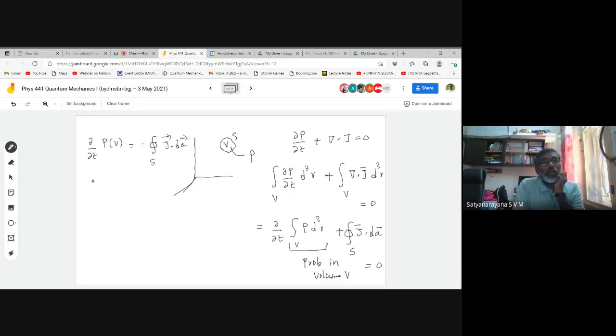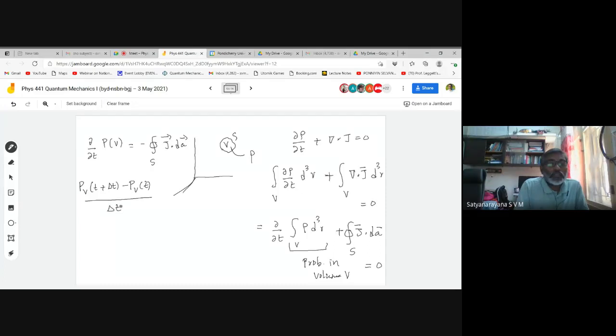Now what this means is that suppose P of V, the probability in the volume V, is changing. Suppose it is increasing. That means this is basically P of V at t plus some delta t minus P of V at t, divided by delta t.